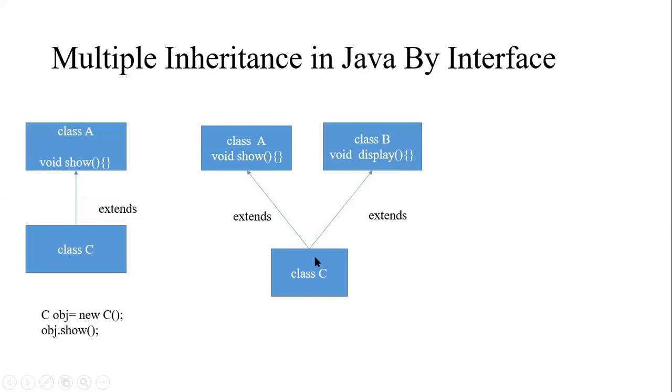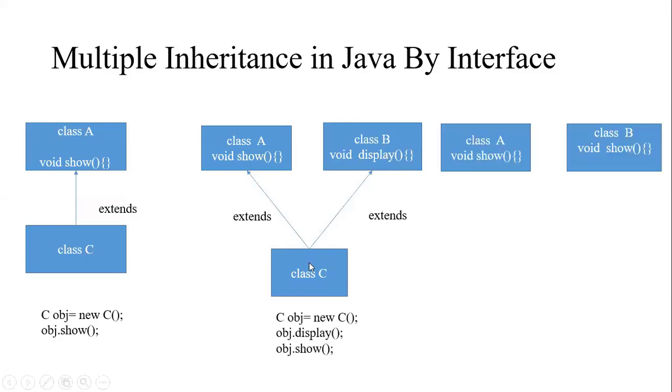Even though in this case you don't have any ambiguity, if you have the same method in both the classes, then there will be ambiguity. Class A has void show, class B has void show. If you extend these two classes in a class C, there will be ambiguity whether you are talking about the class A show or the class B show.